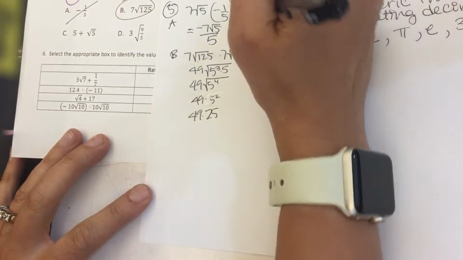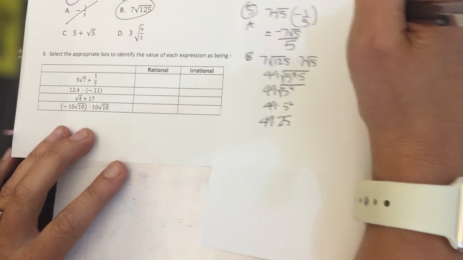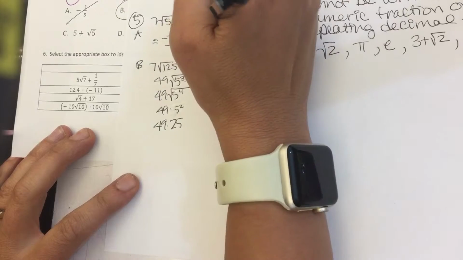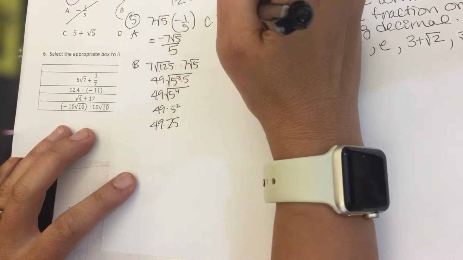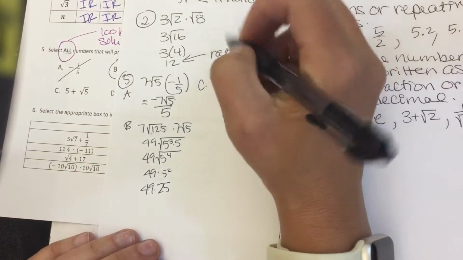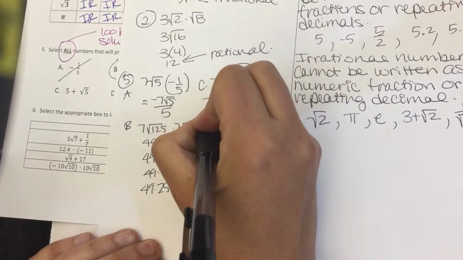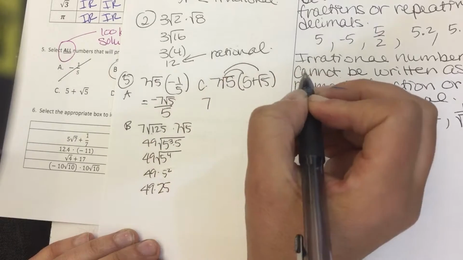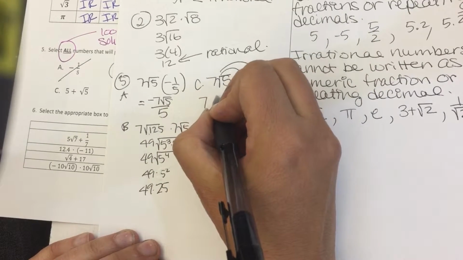Okay, this one, it says multiply, right? It does say multiplied. 7 root 5 times 5 plus root 5. Here you have to distribute. So I'd have 7 times 5 and a root 5. So 7 times 5 is 35.